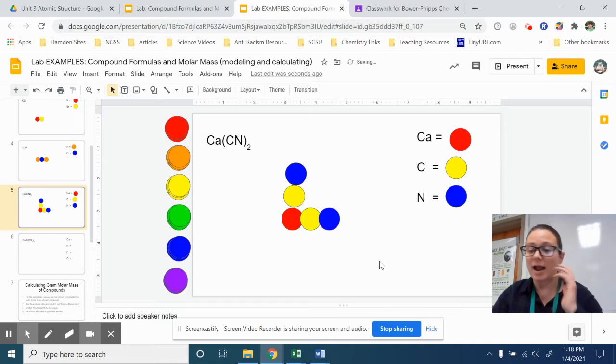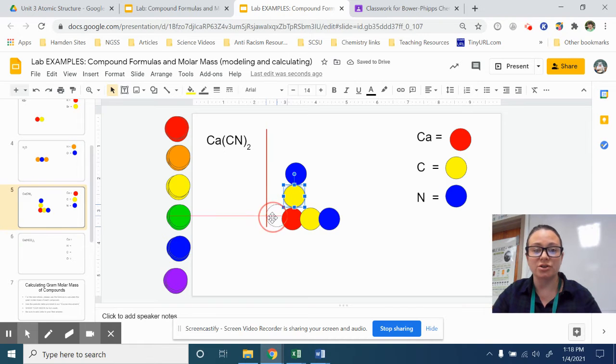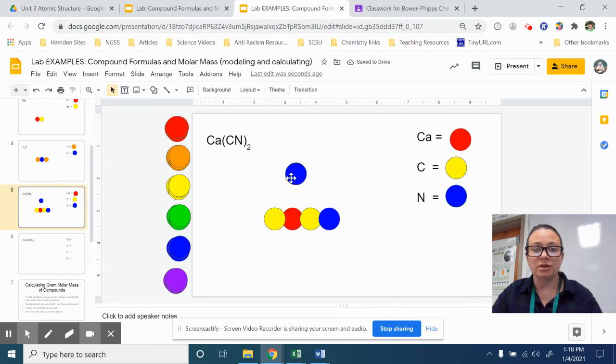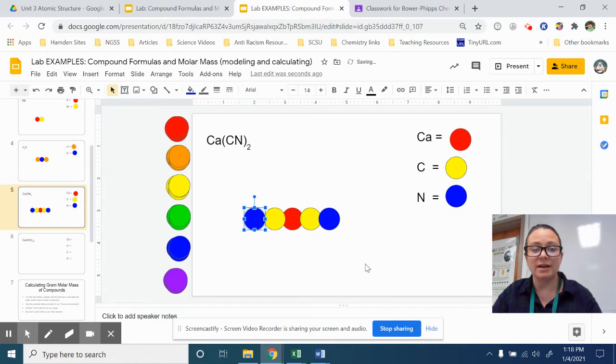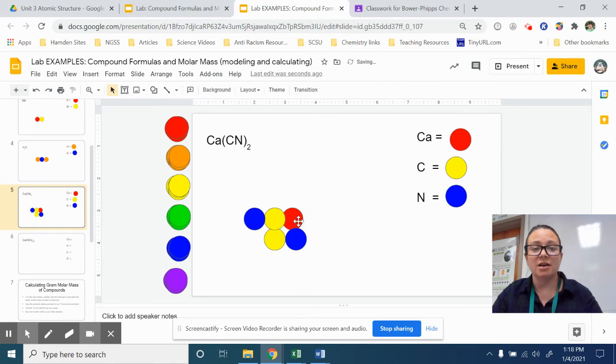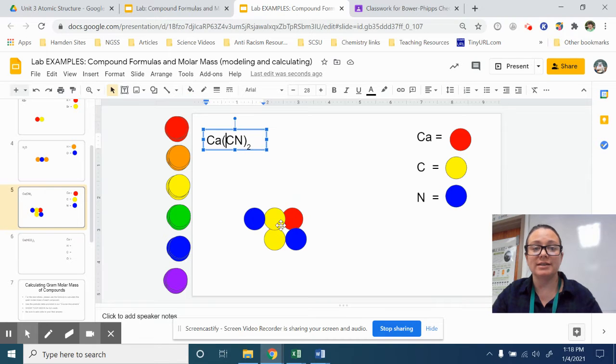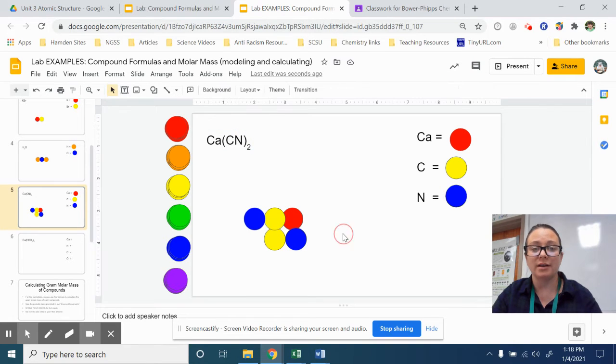Again, I don't care how they're connected to each other. You can show them all in a straight line. You can show them in a triangle. You can show them grouped together. I don't care how they're connected to each other, but you need 1 Ca, 2 Cs, right? 2 times 1 carbon, and 2 nitrogens, 2 times 1 nitrogen. All right, it distributes through.